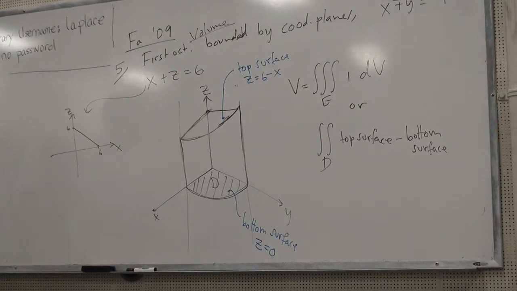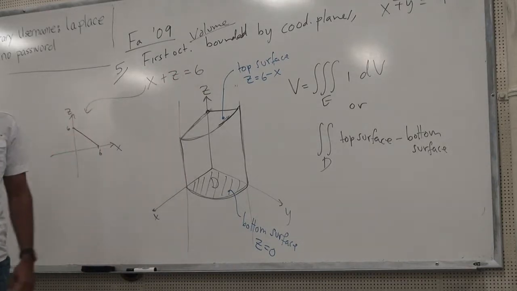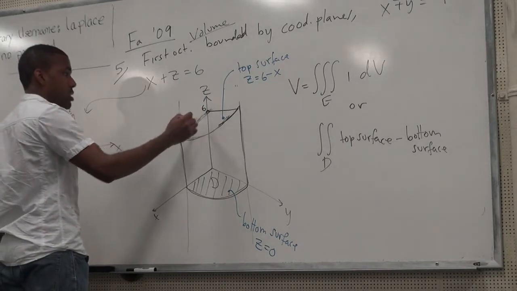Wait, so now the angle is not 0 to 2 pi, right? No, it's still 0 to pi over 2. It's still in the first octant. It's just a drawing. He drew a semicircle, but it should only be a quarter of a circle, because in the first octant the bottom is a quarter of a circle. The top should also be a quarter of a circle.